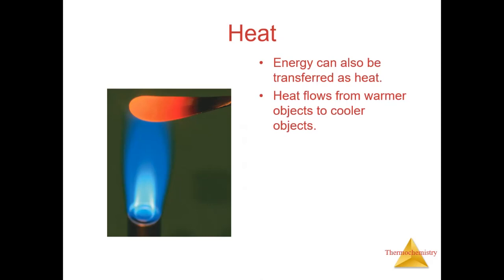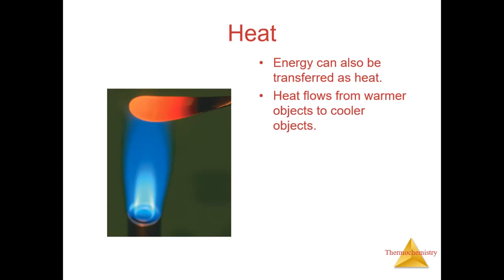On the other hand, if I have a cooler object, what is happening is that cooler object is accepting heat, so it now has more energy than it did originally.